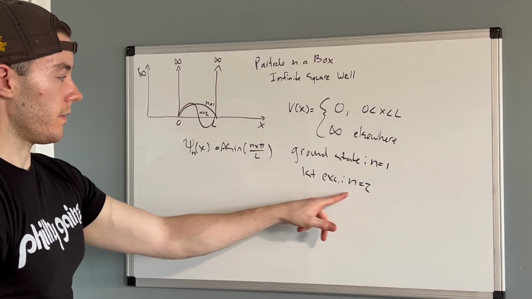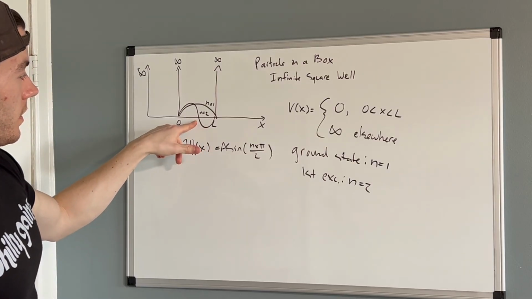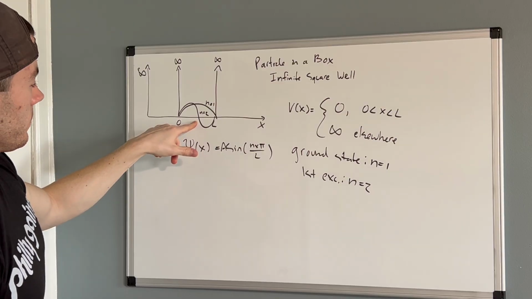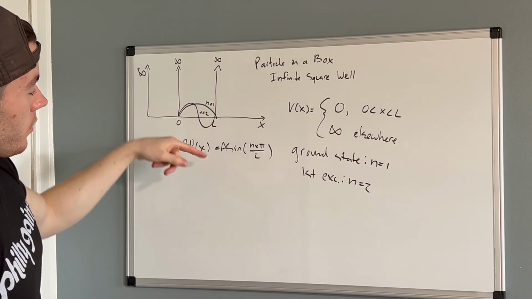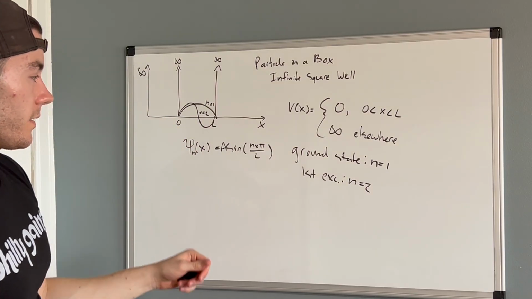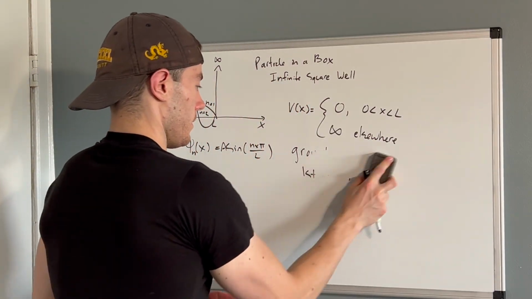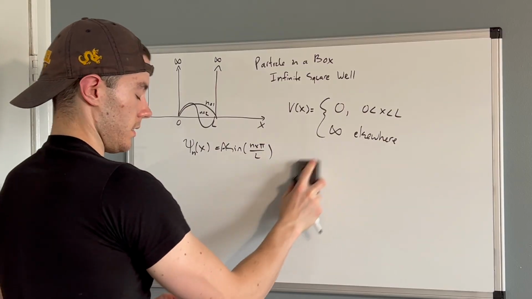The number of times it crosses the x-axis is equal to n minus 1. But anyway, here we are so far. Ground state is n equals 1.